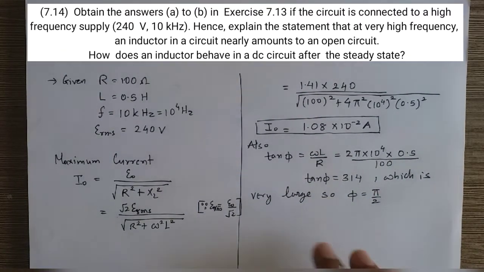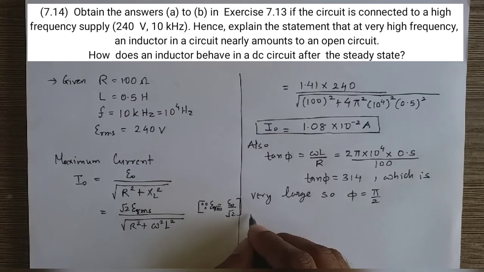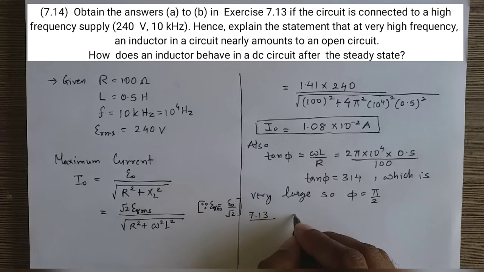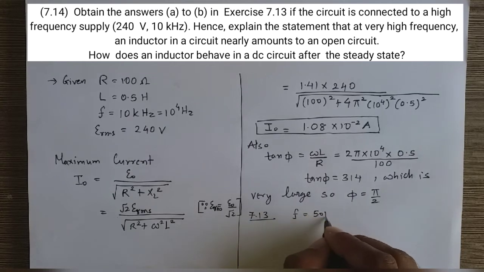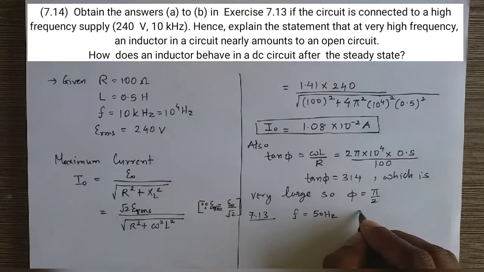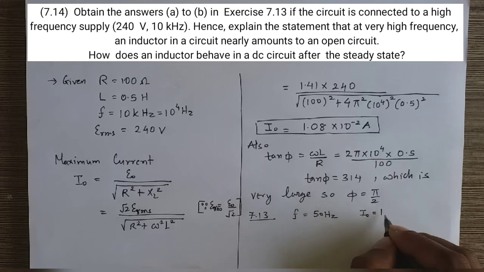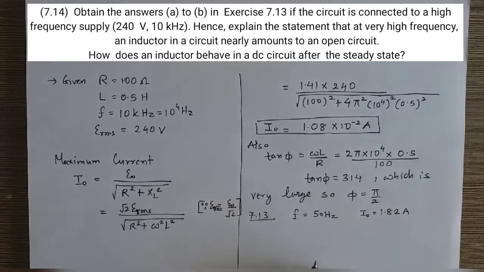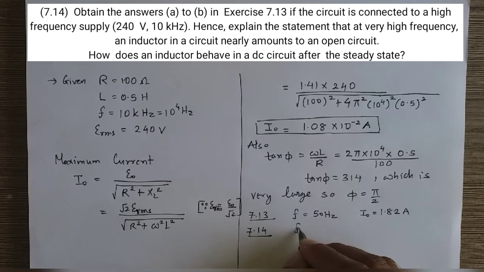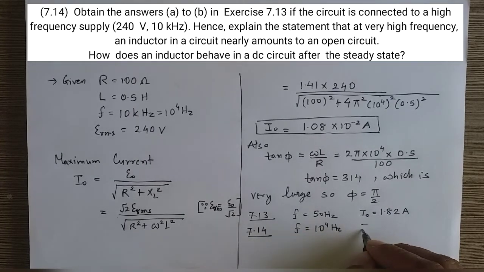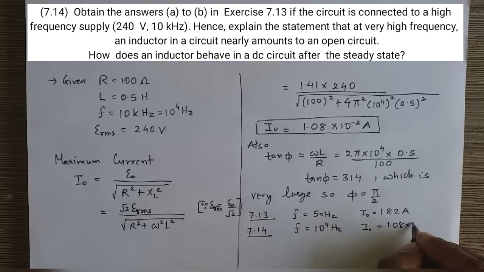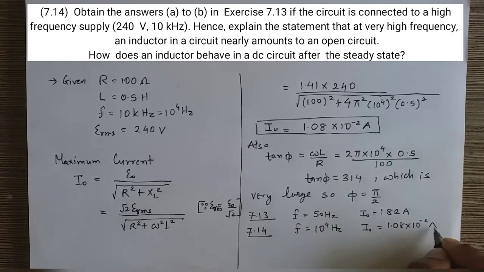Clear? Now if we do the comparison, in example 7.13 we had a frequency f equal to 50 hertz. That time we got I naught equal to 1.82 ampere. Now in question 7.14 we have a frequency of 10 raised to 4 hertz, and we got the current I naught equal to 1.08 into 10 raised to minus 2 ampere.